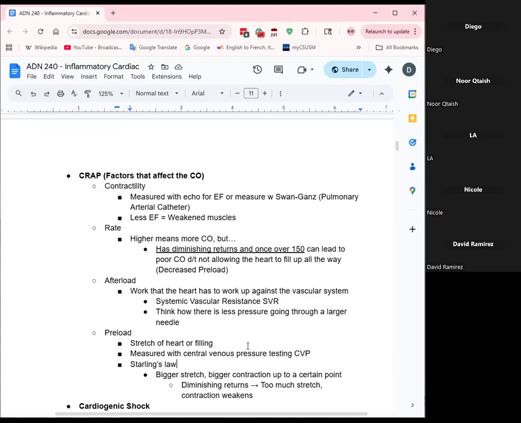So you can think of it like maybe you have a rubber band and you're using it to flick things. The more you stretch it out, the farther you can shoot something with that rubber band. But over time, you're overstretching it.